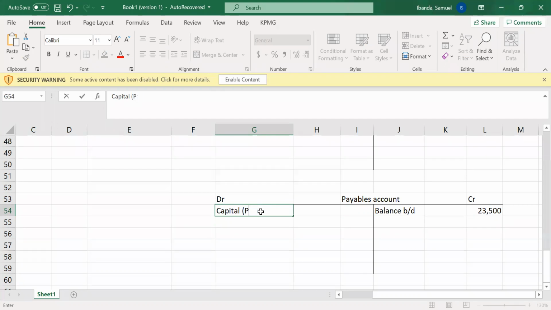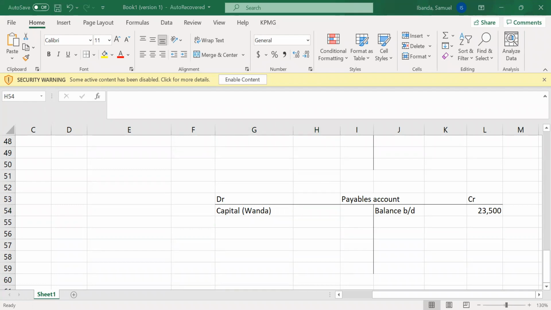Remember, we say that whenever we have payables taken over by the partner in one way or the other, their capital account is affected. So I'll just put here capital and I'll put how much the payables are that this partner is taking on.